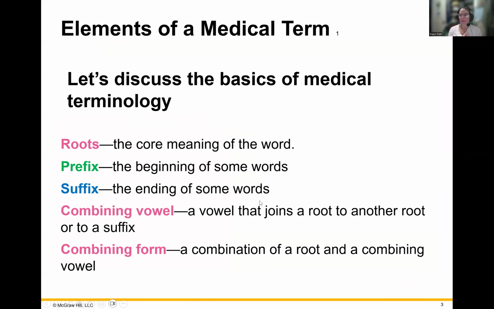Roots and combining forms. In chapter 1, it shows the different word parts. There are 3 different word parts in medical terminology that are identified. If you look in chapter 1 on page 2, and again, it's a digital book, you're going to see that the 3 different word parts are termed either a root word or a combining form, a prefix, or a suffix.